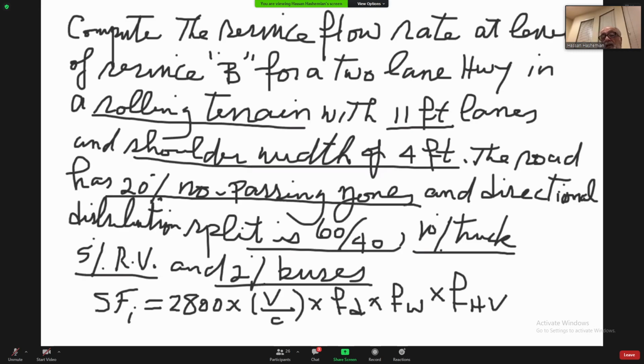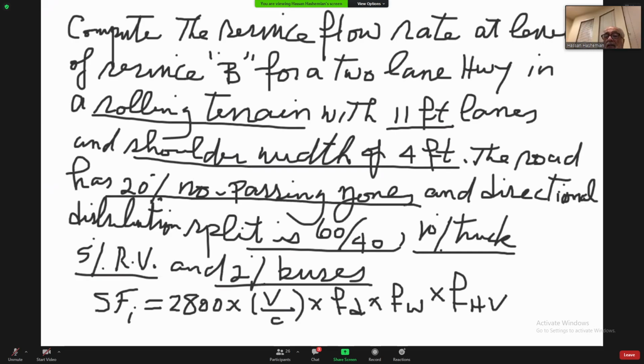If all of these, V over C, FD, FW, FHV, are equal to 1, you have an ideal condition, so it will be 2,800. But we don't have that case. And we want to find the level of service for B. 2,800 will be level of service E. That's the capacity. Does everyone follow me? Yes, Professor.